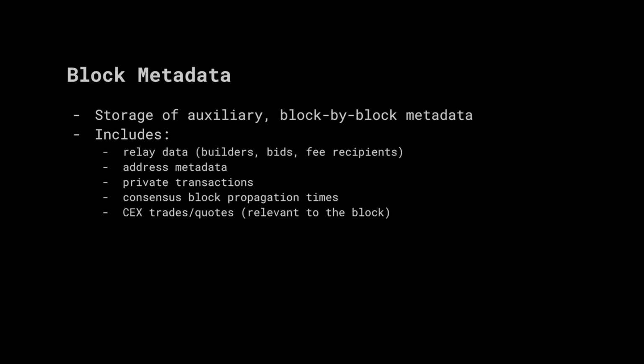So what searcher addresses are vertically integrated with Beaver, what searcher addresses are vertically integrated with rsync, basically any form of metadata that you could think of on the builders, even their IP locations, but we're not sharing that. And then you have the address metadata, so labels from various providers.